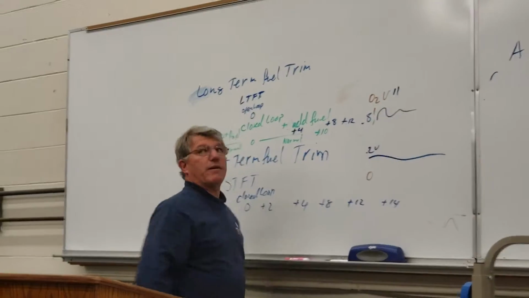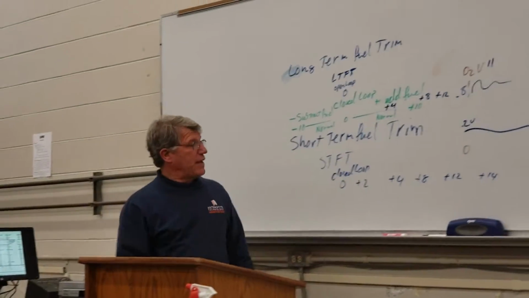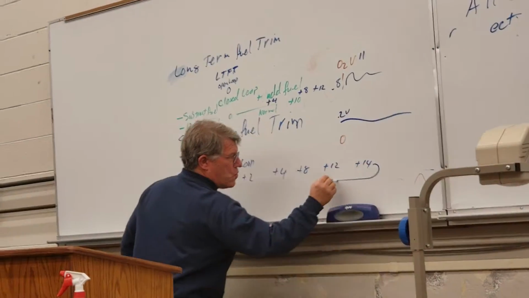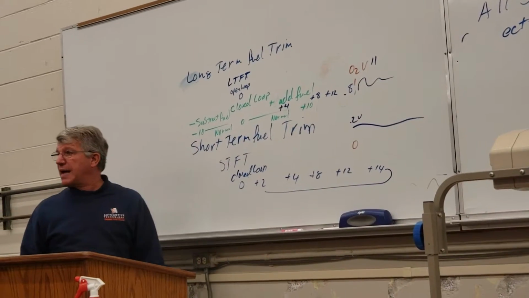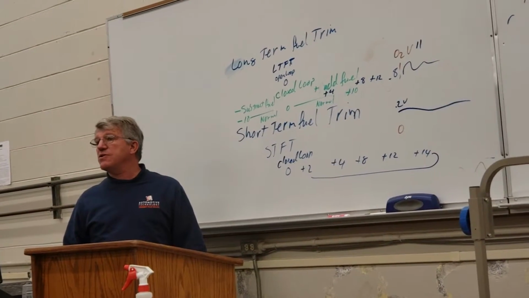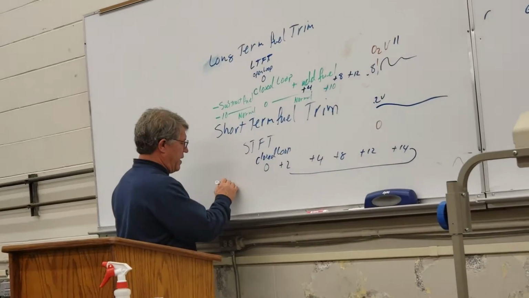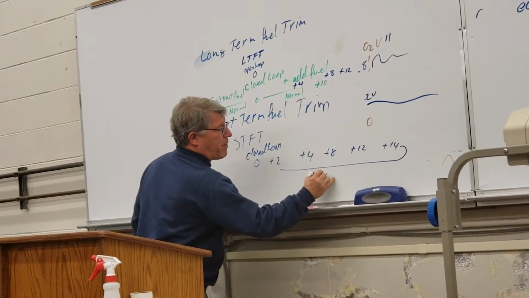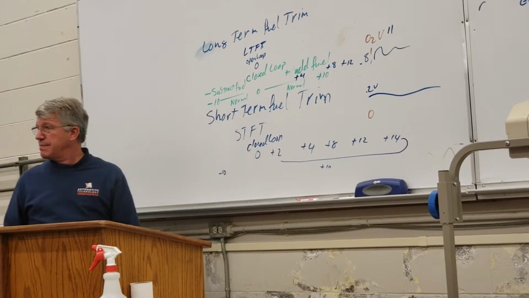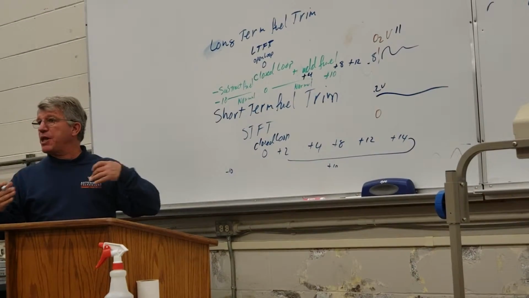Whoops, 0.8. So now this baby goes screaming back, and what it wants to do, it wants to get it between -10 and +10. So these are going to play together.